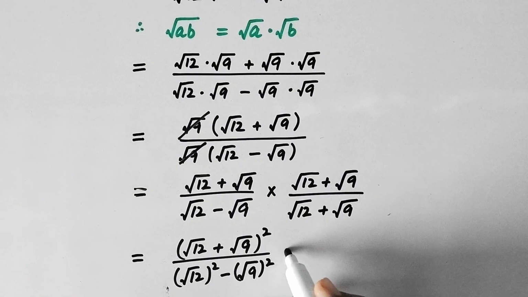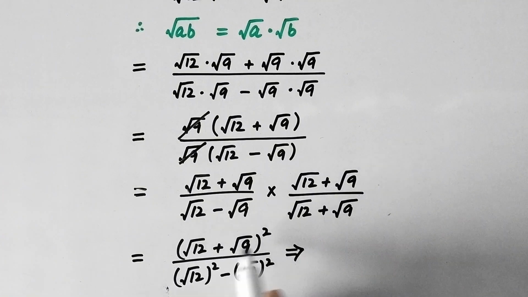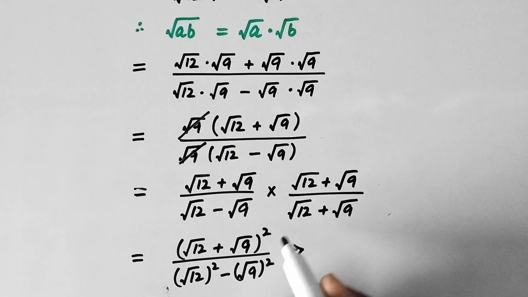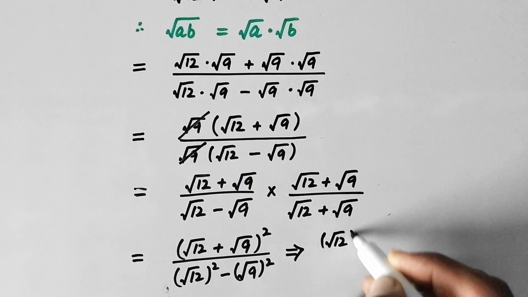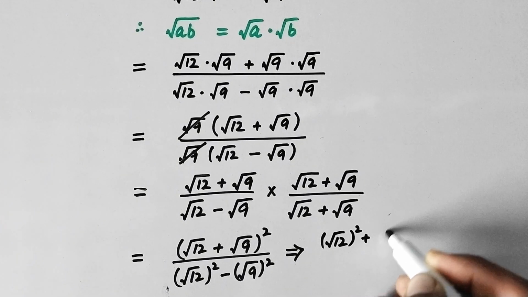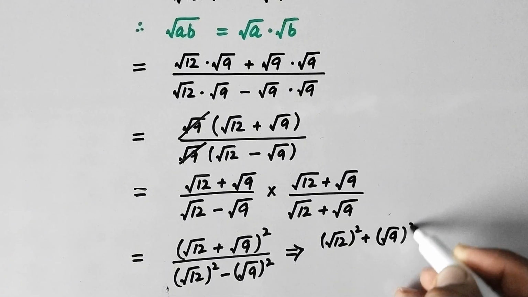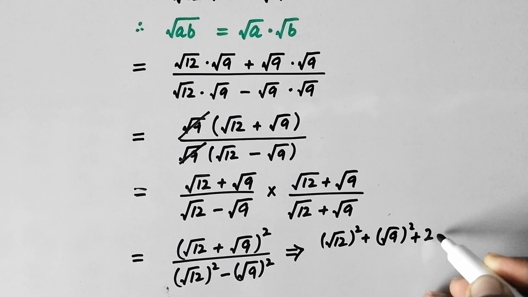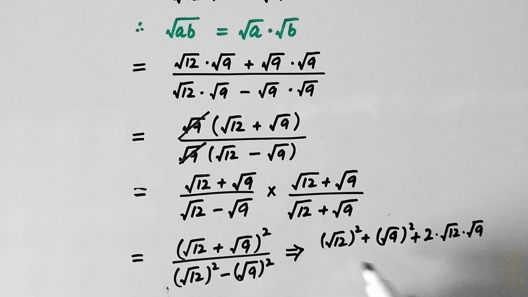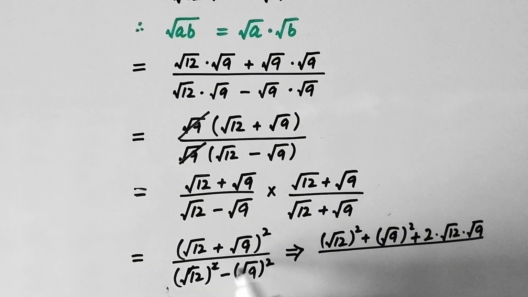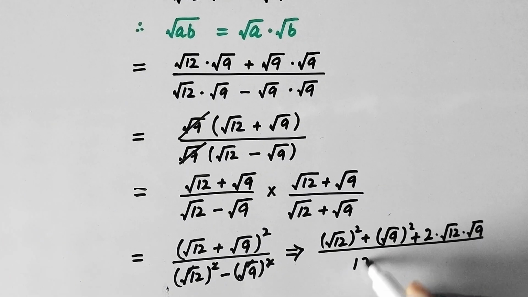So now this implies that here we can apply an algebraic formula, that is a plus b whole square. So here it will be equal to square root of 12 square plus square root of 9 square plus 2 times square root of 12 times square root of 9. Over here, this square root will be cancelled by this square, and this square root will be cancelled by this square, and we will get here 12 minus 9.